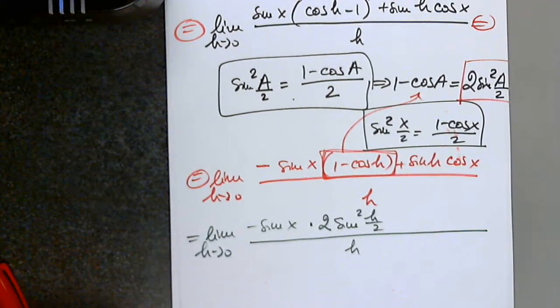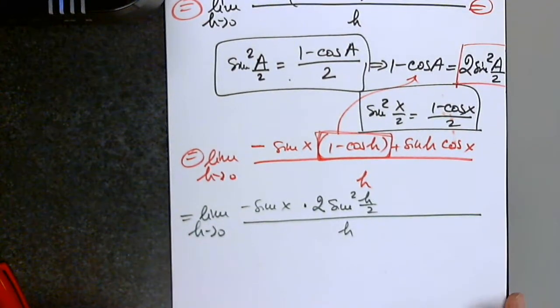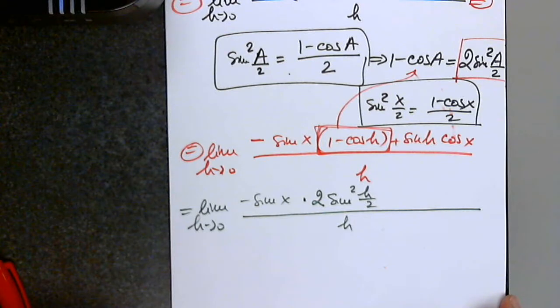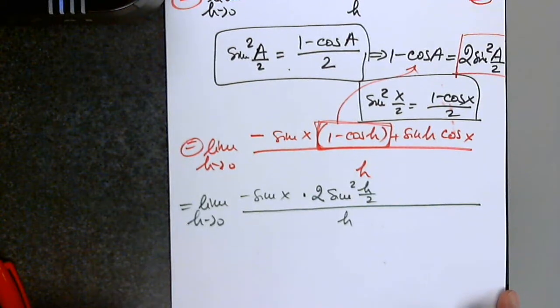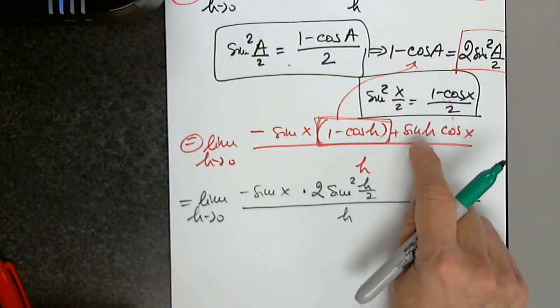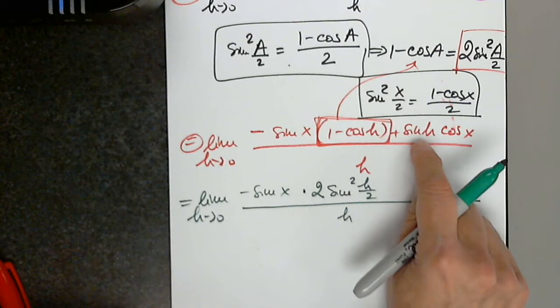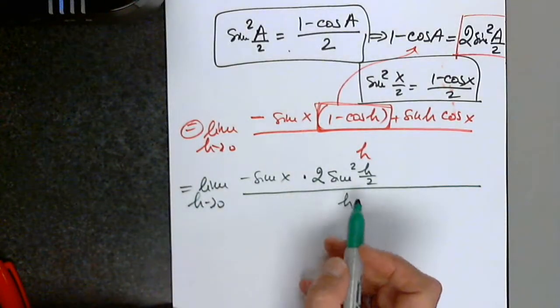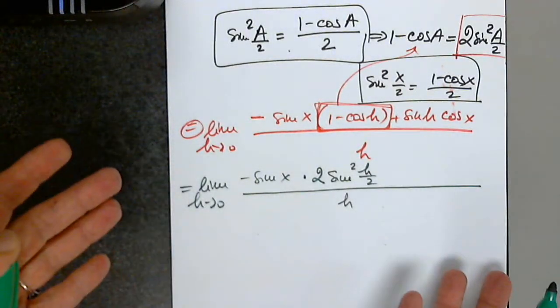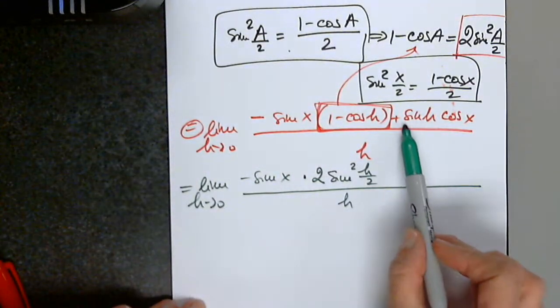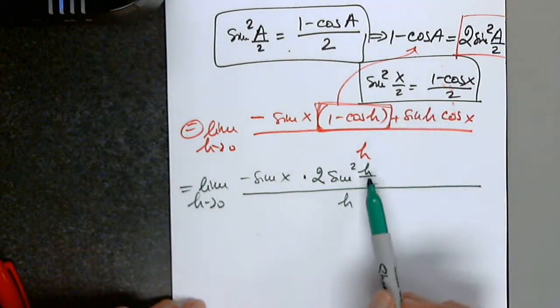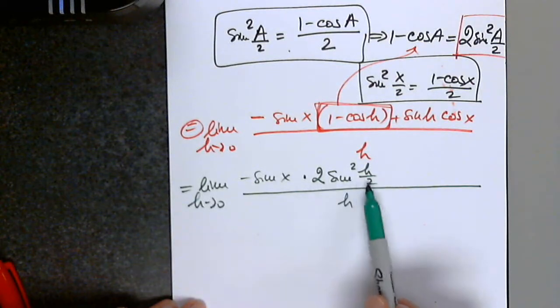Any questions so far? Any questions? Okay. Now I'm going to look at sine h and do something with it, because I will still not be able to factor. So that's my target, to see what I can do to this to be able to factor it somehow.